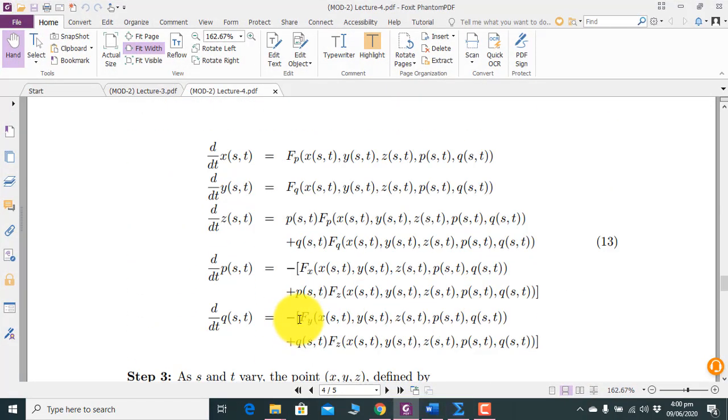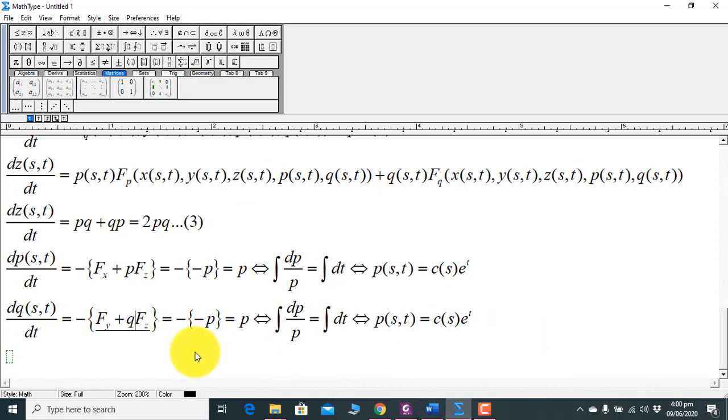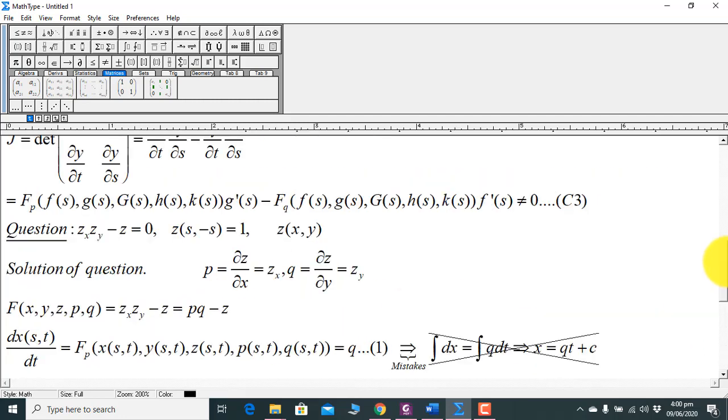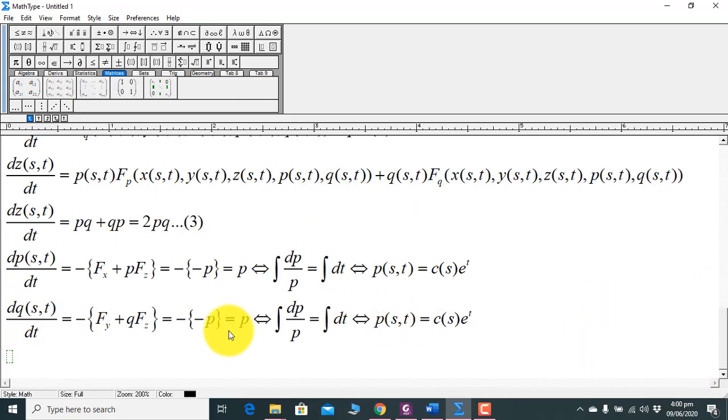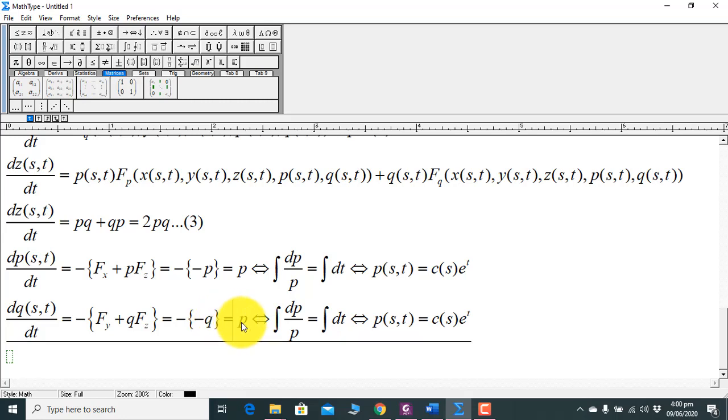This is fy plus qfz, and minus also. So fy again will be 0, because in f there is no x, there is no y. The derivative of f with respect to x and y also will be 0. So you can write here 0 multiplied by q, and again fz already calculated is minus 1, so the answer will be q. So this will be similarly solved, integrating both sides.